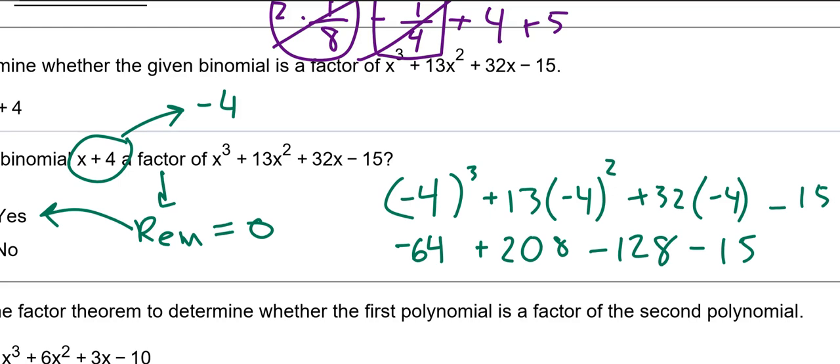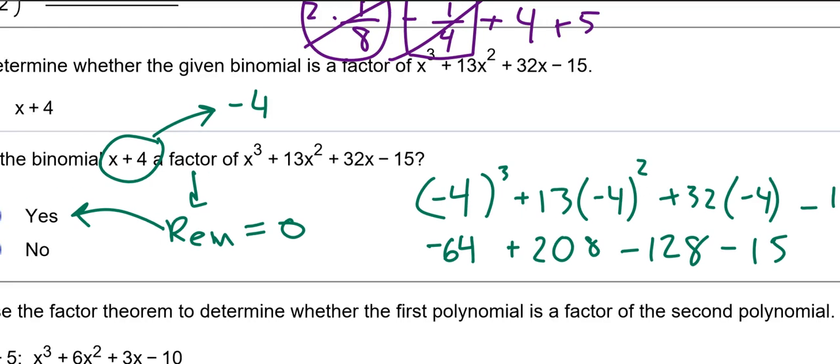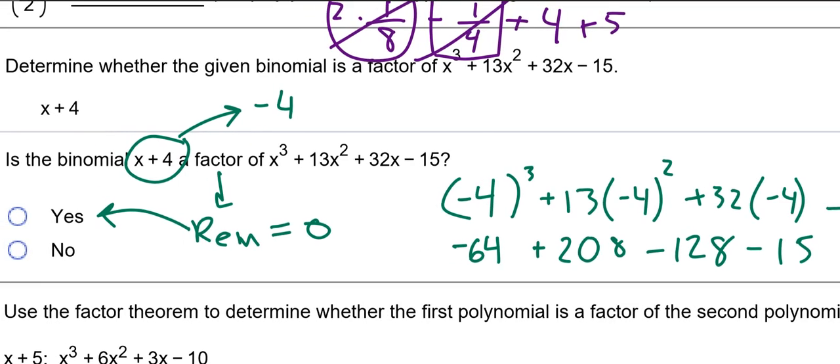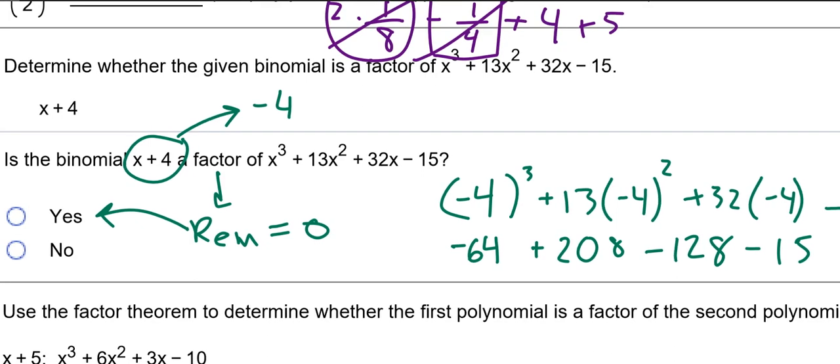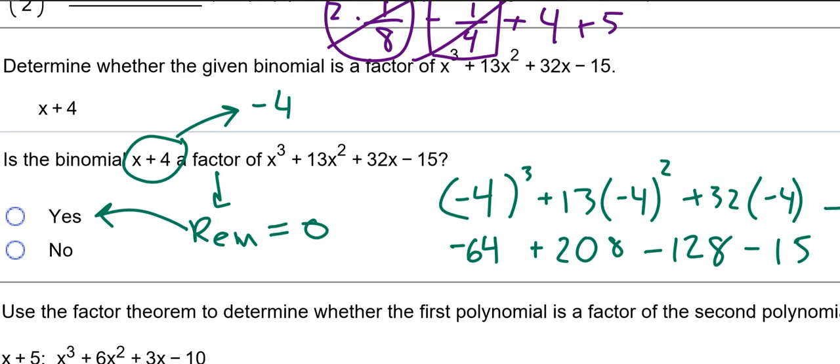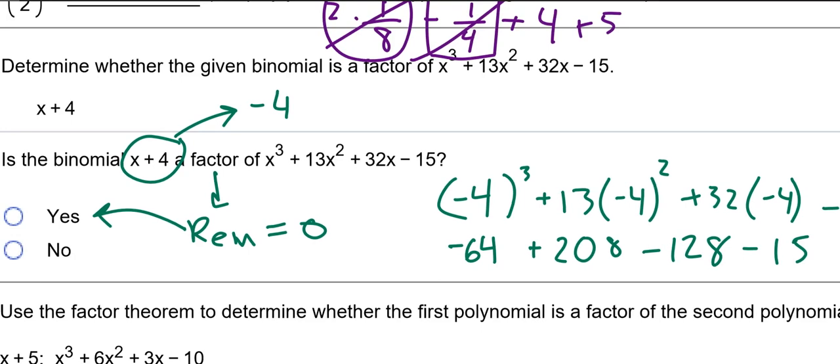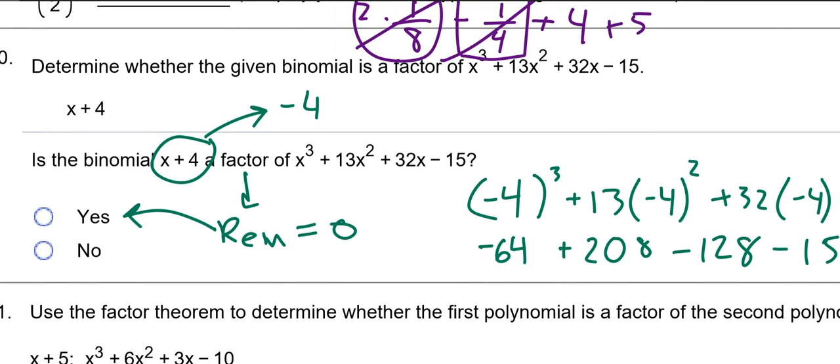Ooh, got a positive 1. Did I type that right? -64 plus 208 minus 128. All that for a remainder of 1. The answer is no.